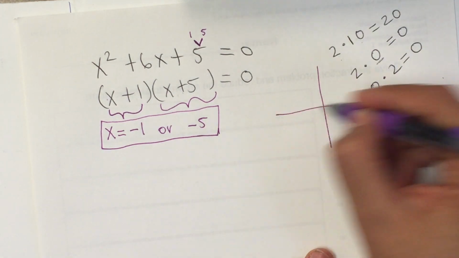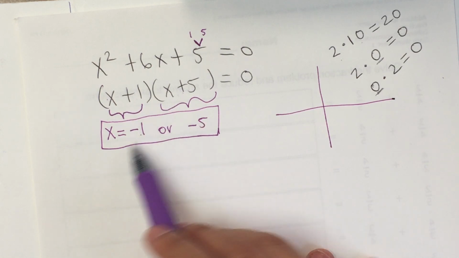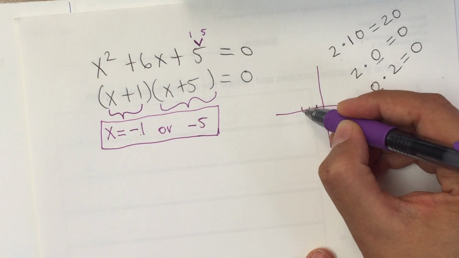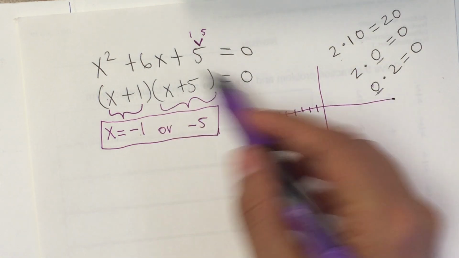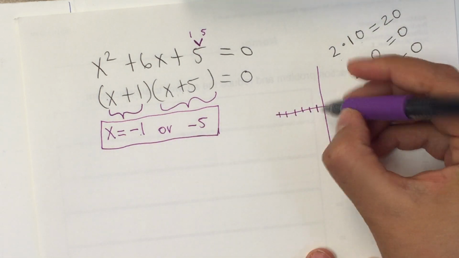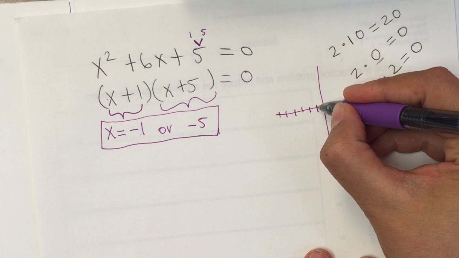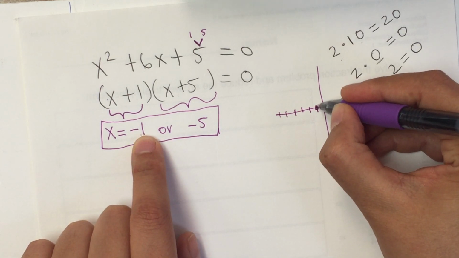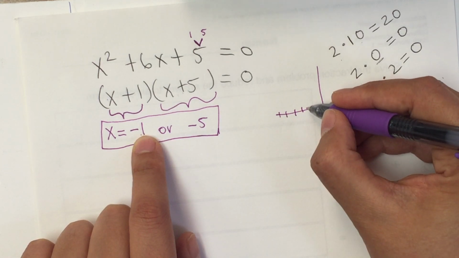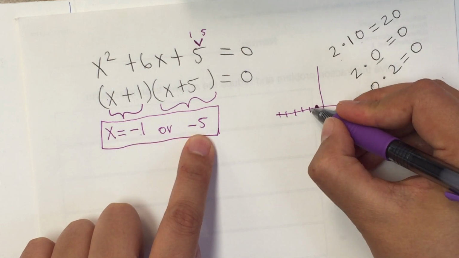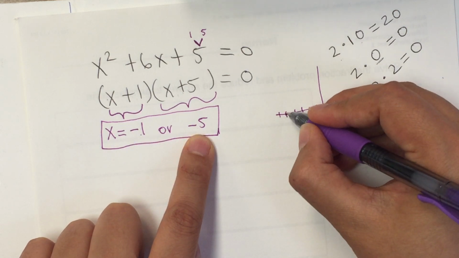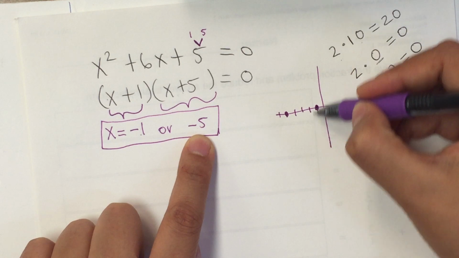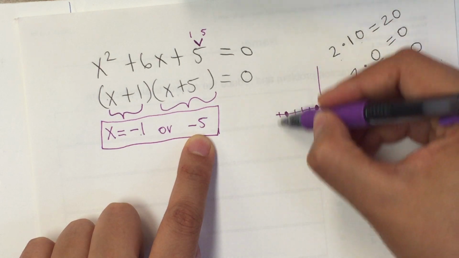Later on, we're going to relate it to, okay, what does this mean? These help us find the two x-intercepts, I'm sorry. So we know that the intercepts of x are going to be -1 and -5. And your parabola might be like this, or it might be like this.